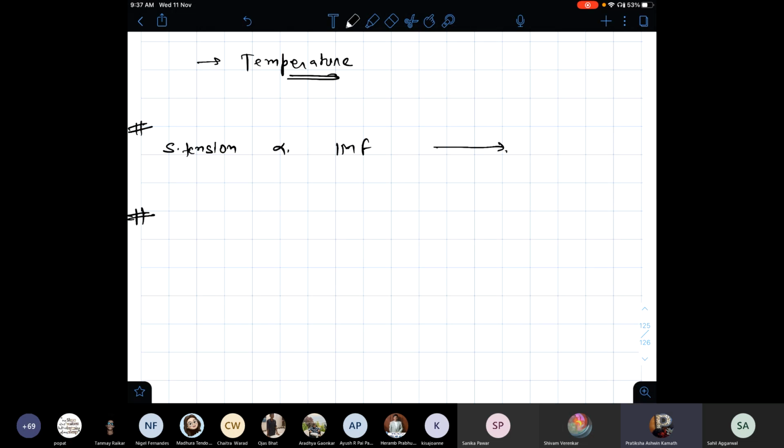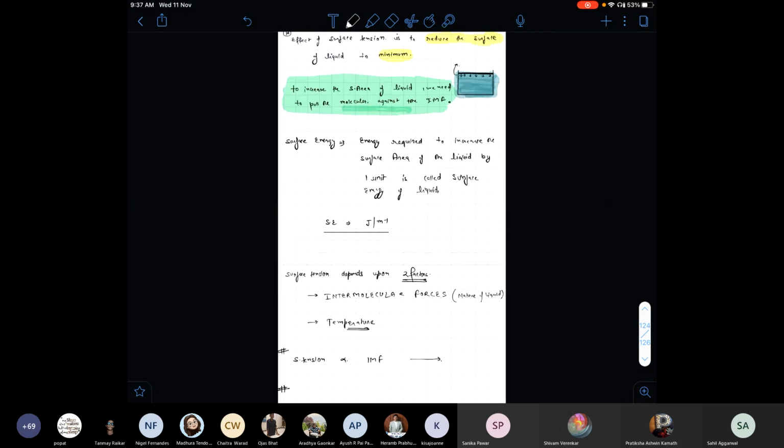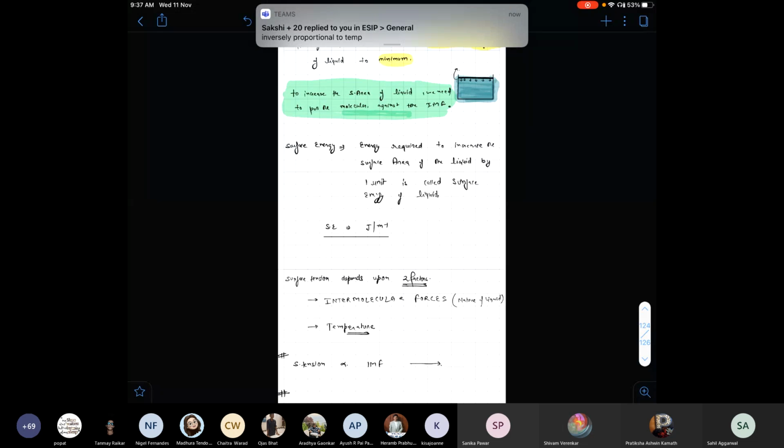Sir, please scroll up. How will it relate with temperature, Sanika, Sanjana, Rishikesh? Inversely proportional. And why is it so, Sakshi? What will happen on increasing the temperature?